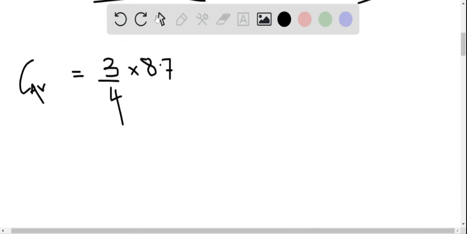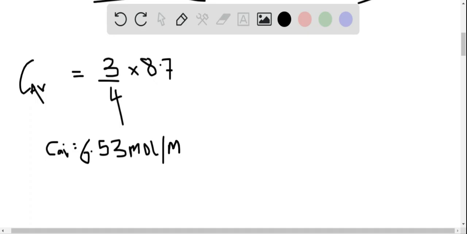So finding our answer: 3 divided by 4 multiplied by 8.7, C average, which is the average concentration, should be equal to 6.53 moles per meter cube.